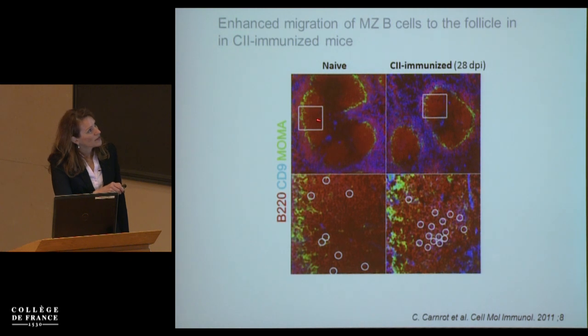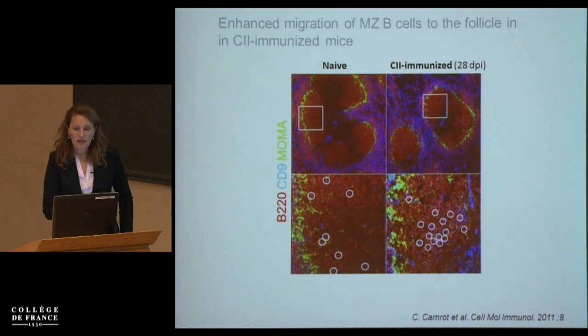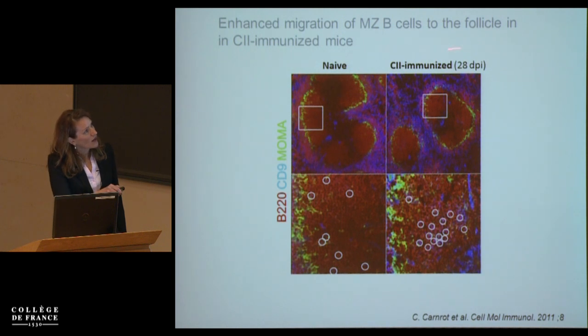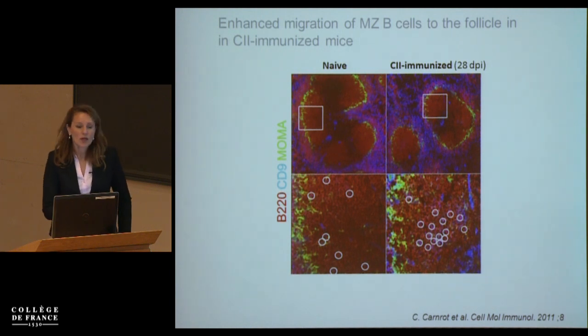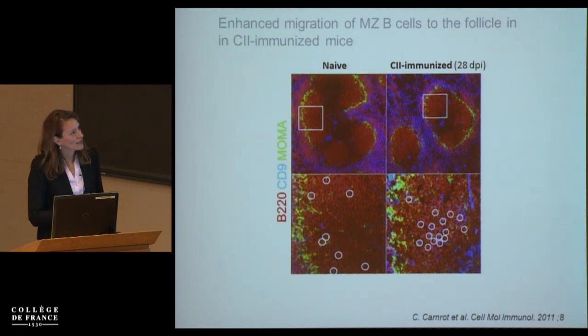If you look at this area here and enlarge it, then we have marked where we see these monoclonal B cells. And if you have an immunized mouse, you see that they co-localize together and there is an increased number. So it seems like the shuttling of the monoclonal B cells is increased when the mouse is immunized.